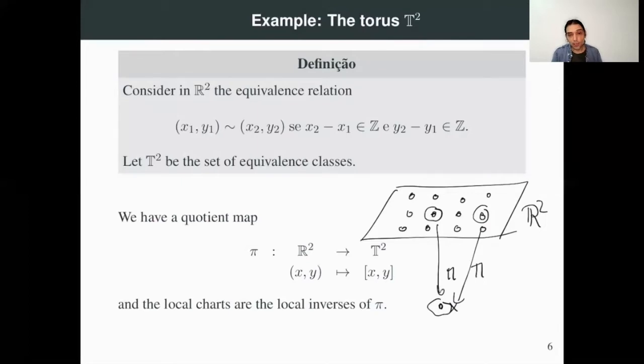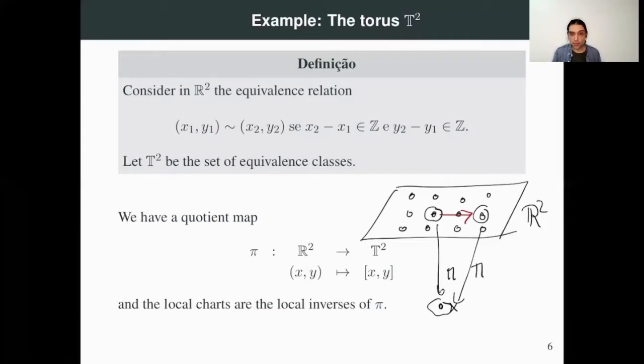And then what are going to be the coordinate changes? The coordinate changes are maps that send points to points that are representatives of the same classes. So these coordinate changes are going to be translations, and the translation vectors are going to be vectors whose coordinates are both integer numbers.